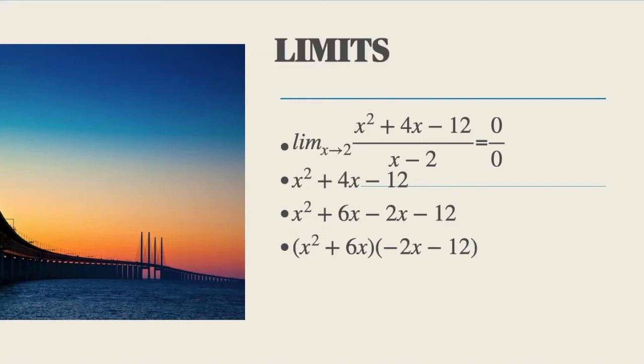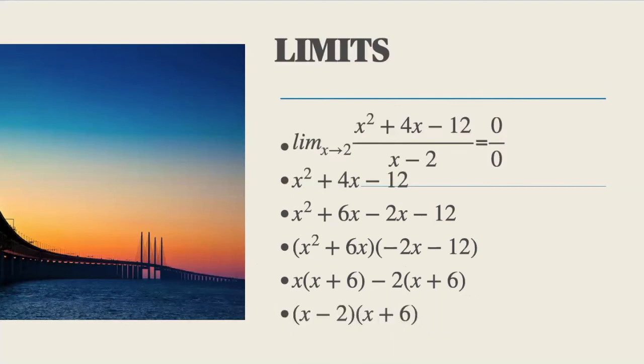While in the minus 2x minus 12, what's common that I can factor out? You should be seeing negative 2. So when I factor out the x, we are left with x plus 6. And in the next bracket, factoring out the negative 2, we're left with x plus 6. So what we have, x minus 2 and x plus 6.